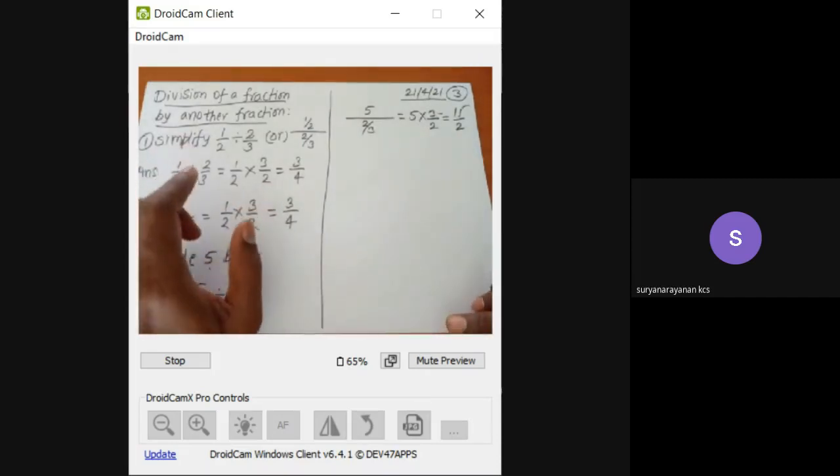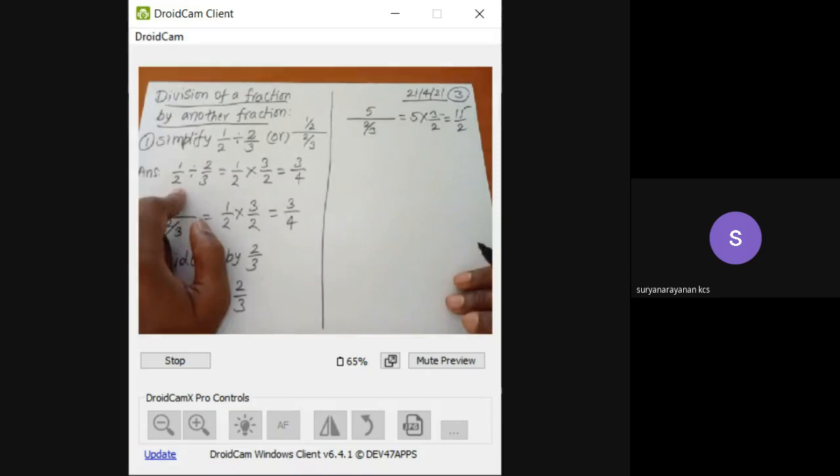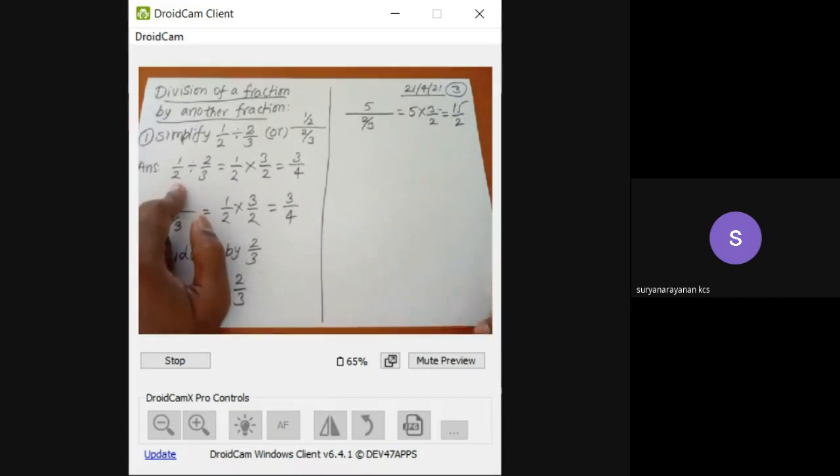Today we discussed multiplication of fractions and division of fractions. In all these concepts, the question paper will be set.